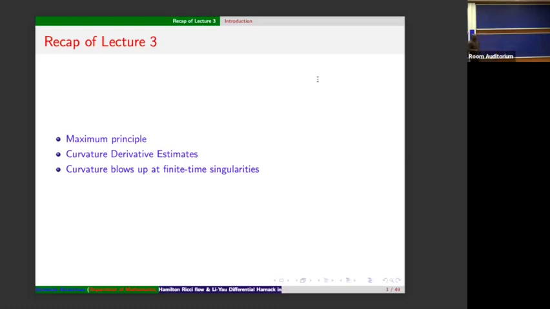We also discussed curvature derivative estimates, how to get an estimate on the higher derivatives of the curvature tensor. Then we saw the BBS estimates yesterday, and we briefly talked about curvature blowing up at finite time, that is, finite time singularity.